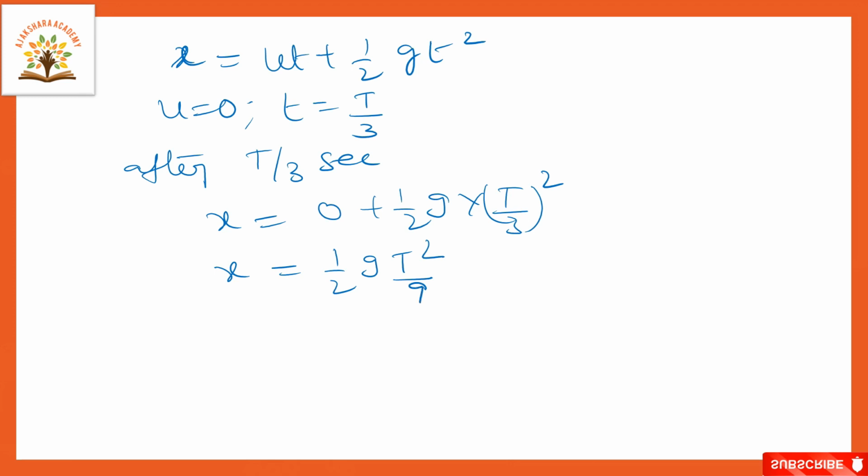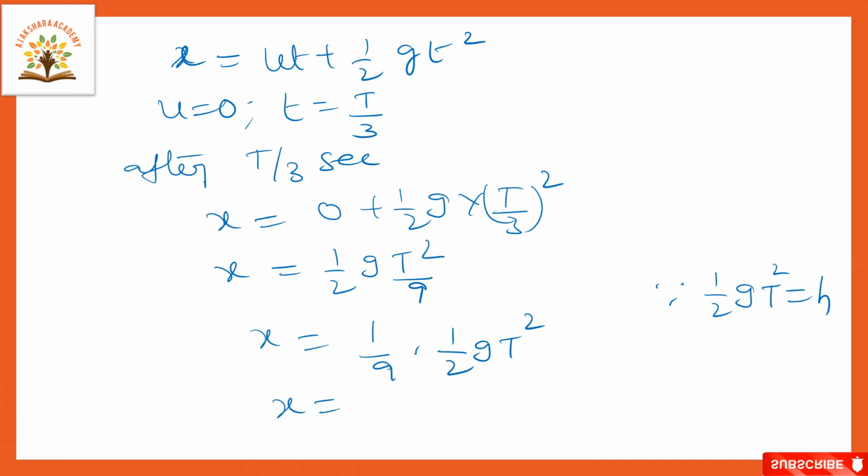This can be written as 1 by 9 into half g t square, since half g t square is equal to h. So substituting h in place of half g t square, we get x equal to h by 9.